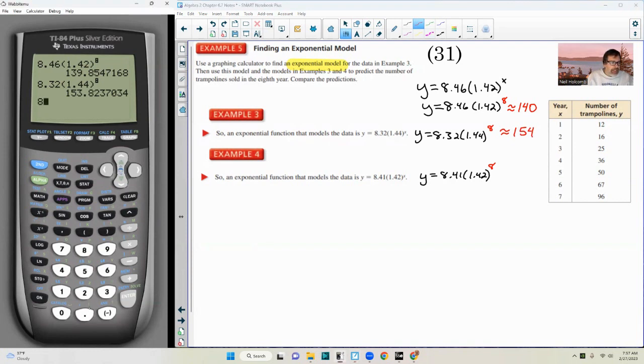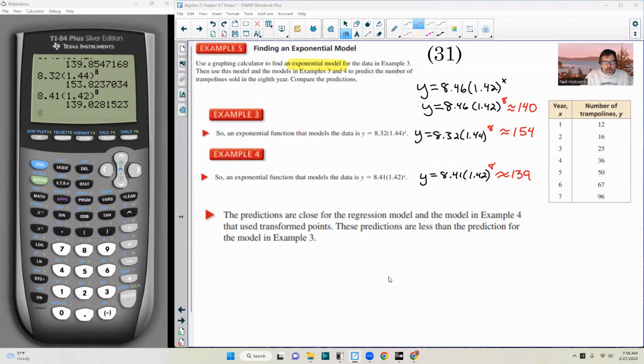And then finally 8.41 times, I want parentheses, 1.42, close parentheses, to the 8th and hit enter. And that one I got approximately 139 trampolines. Okay, so that is what they wanted us to do in example 5.